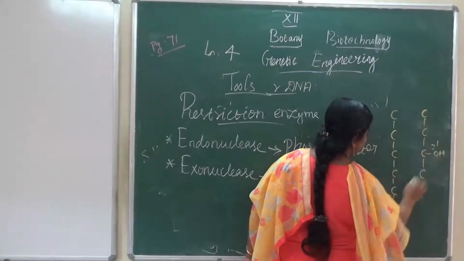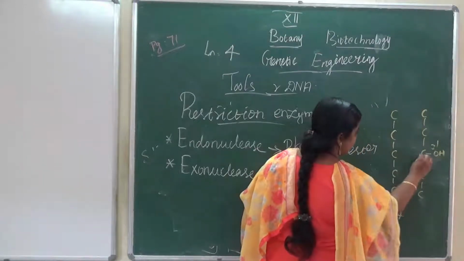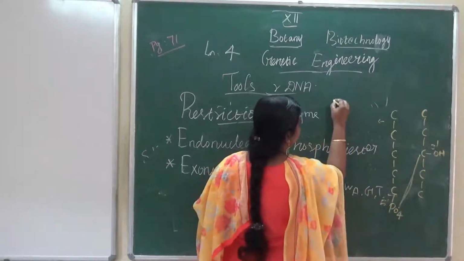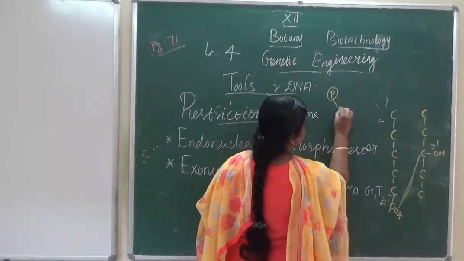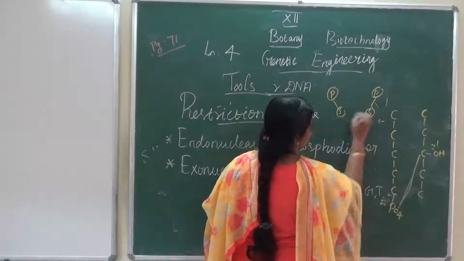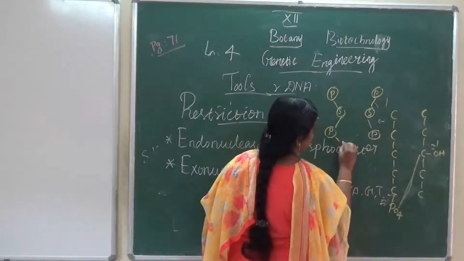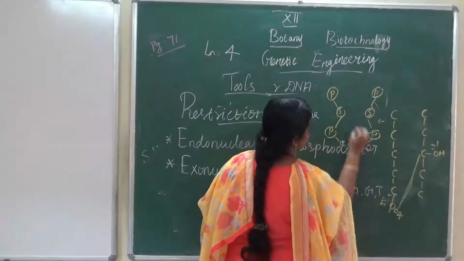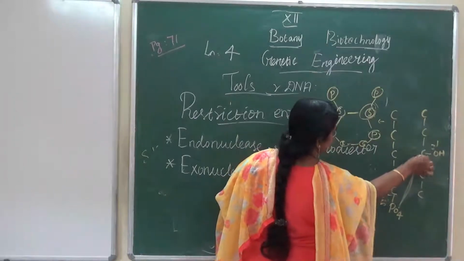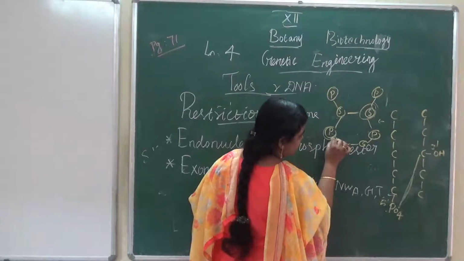This is for integrators, and these are joined. This join, that is the DNA strand, phosphate, sugar. That portion is sugar and this portion is phosphate.